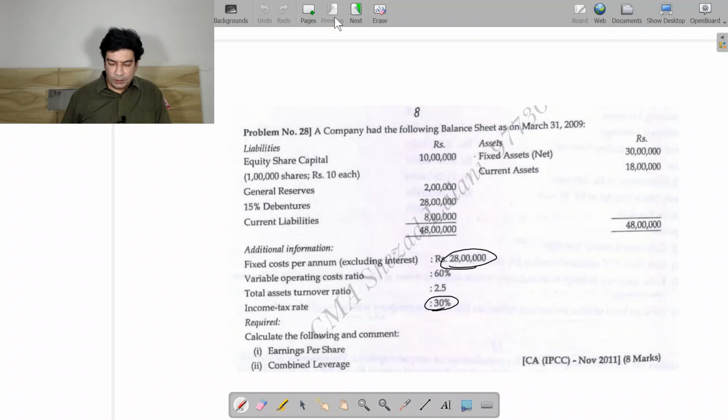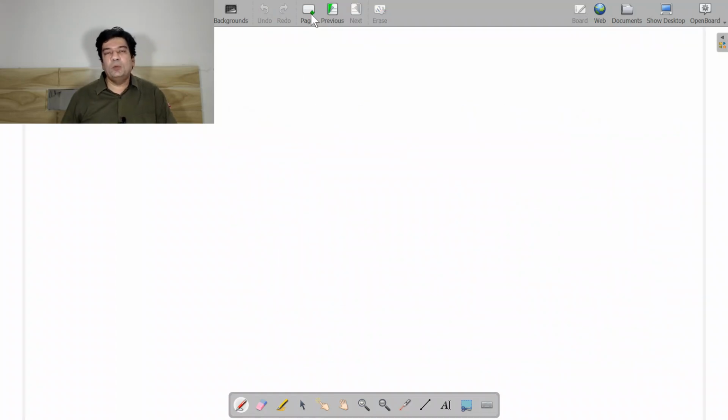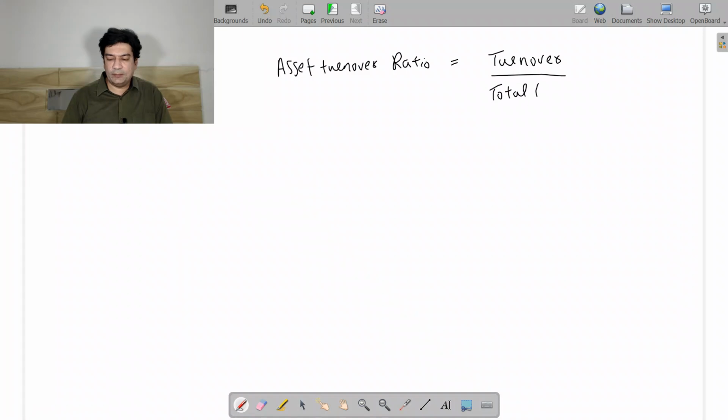Okay, now we can use the information, that is asset turnover ratio, which they have given to be 2.5. So that you will understand more clearly when you do a chapter called ratio analysis. For the time being, the asset turnover ratio is having a formula of the turnover, that is your sales, divided by the total assets.